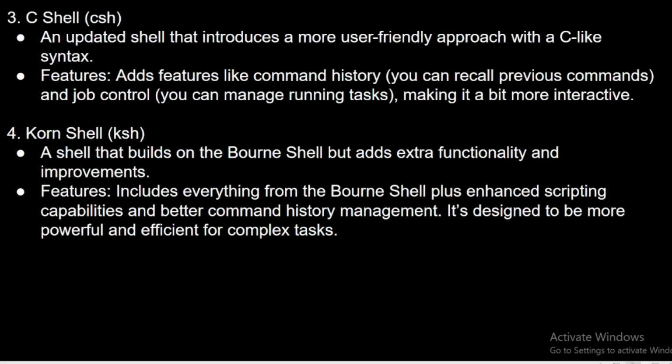Next comes the C shell. Its syntax is similar to the C language and it supports history and alias. The last type is the Korn shell, which combines the features of the Bourne shell and C shell and is preferred for advanced scripting.